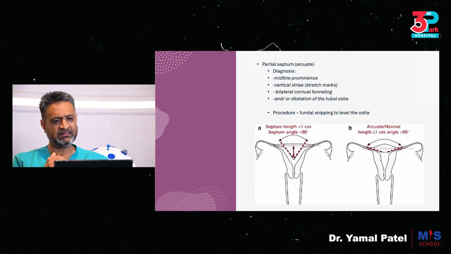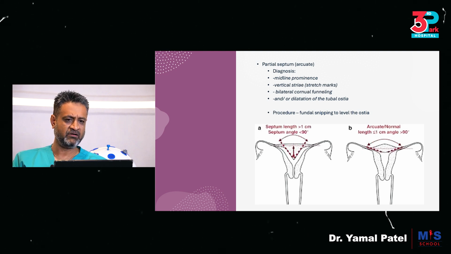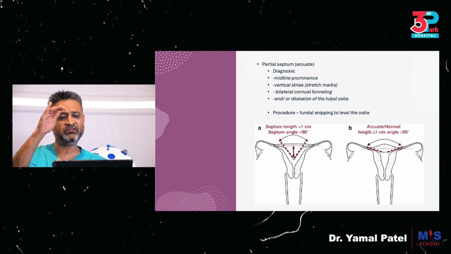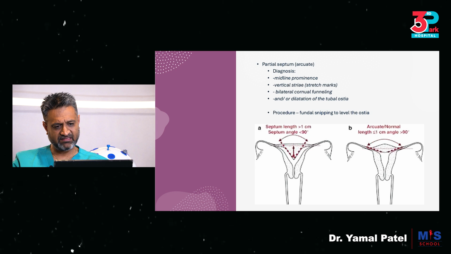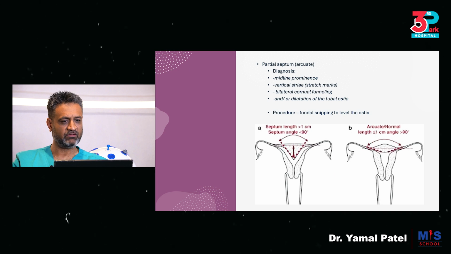And then once you've made your diagnosis, we're discussing mainly how to correct this. It will be by fundal snipping to the level of the ostia, because sometimes these also can impact and cause early trimester pregnancy losses.